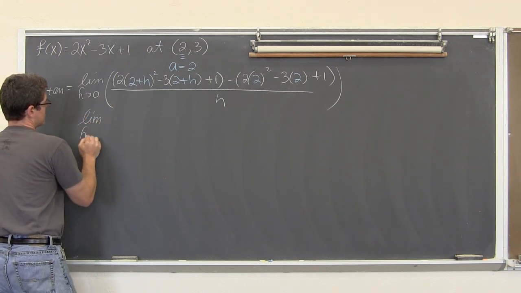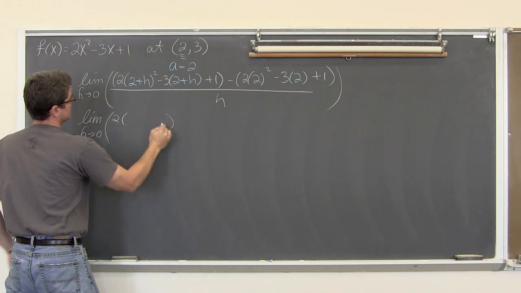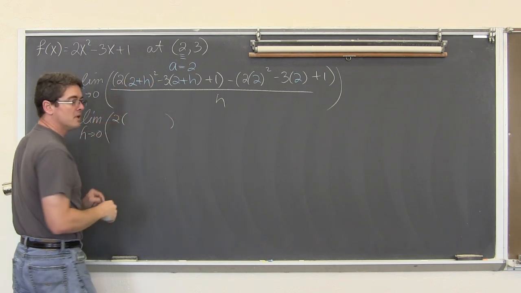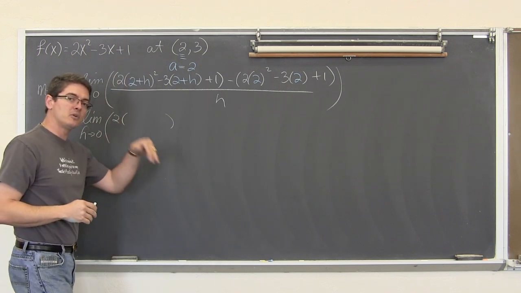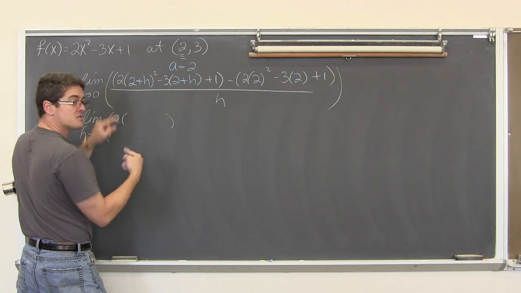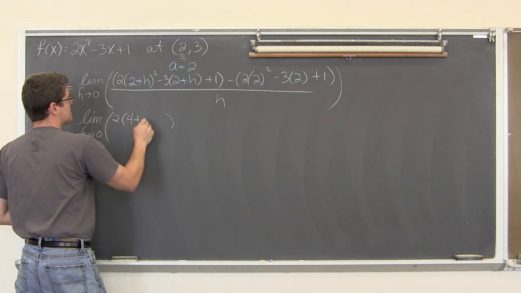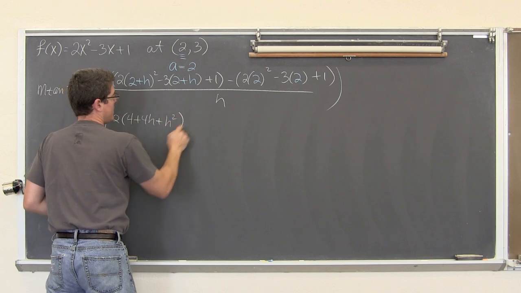Limit as h approaches 0 of 2 times 2 plus h times 2 plus h. If you properly distribute that all together, 2 plus h times 2 plus h is 4 plus 4h plus h squared.